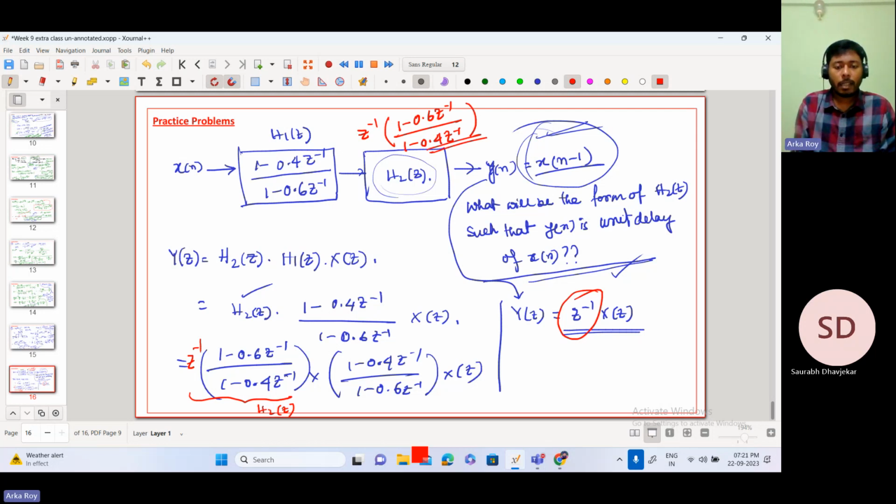So using that, I will get z^-1 X(z), and if I take the inverse z transform, y[n] will be x[n-1]. So for H2 of this sort, we get the output as the unit delay of the input.